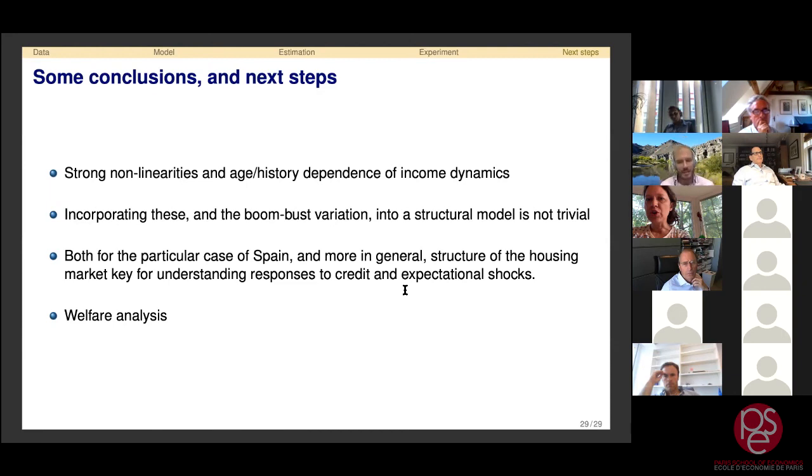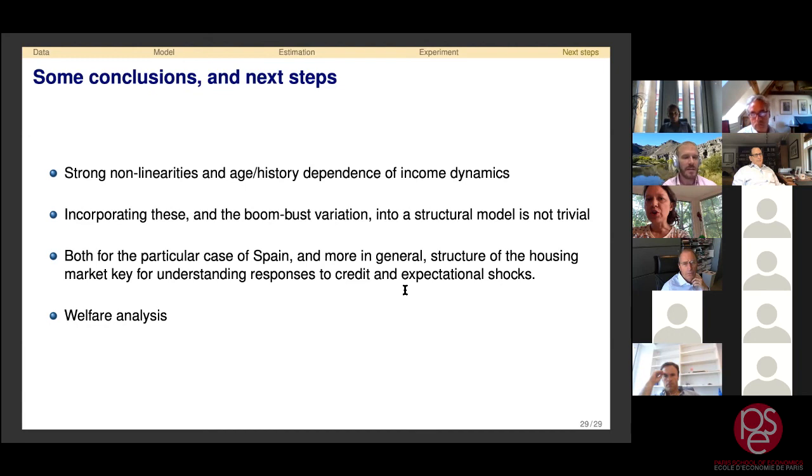There is some data even within this same survey, and there are some people that have looked at this, and in particular have found some heterogeneity in the expectations depending on education, depending on whether you already had a house or not.